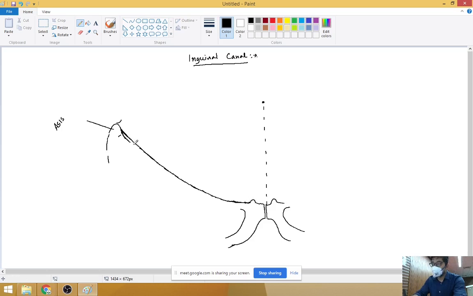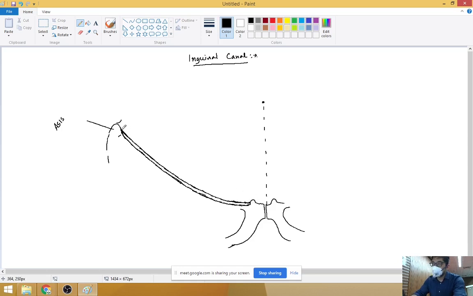So this is the inguinal ligament, which runs from the anterior superior iliac spine till the pubic tubercle. So this is the pubic tubercle.